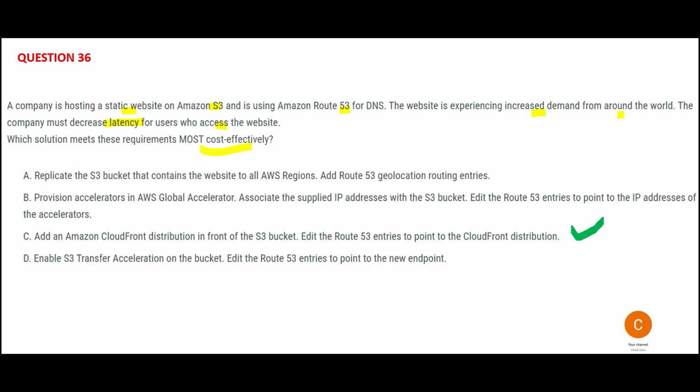Now, why not A? A is saying that they will replicate the S3 bucket that contains the website to all regions. This is not efficient, because everybody works in the agile manner. Every couple of days you are putting up a release, and if you have, for example, 20 regions, you will go mad putting this content in 20 regions every 2 days.